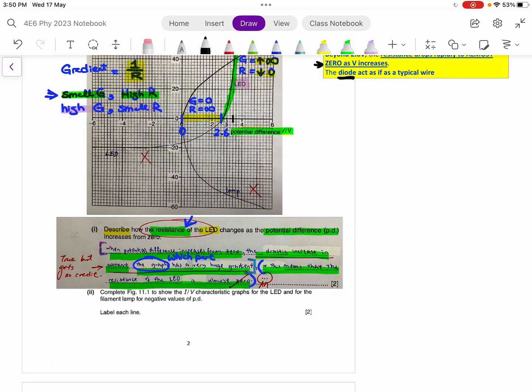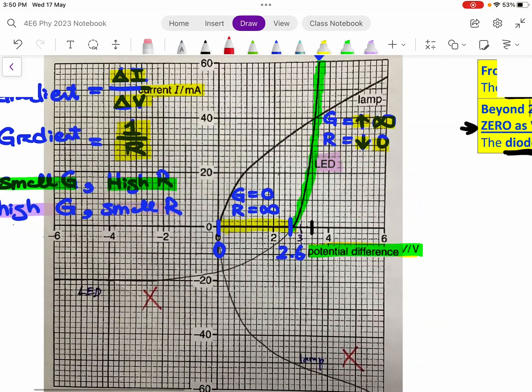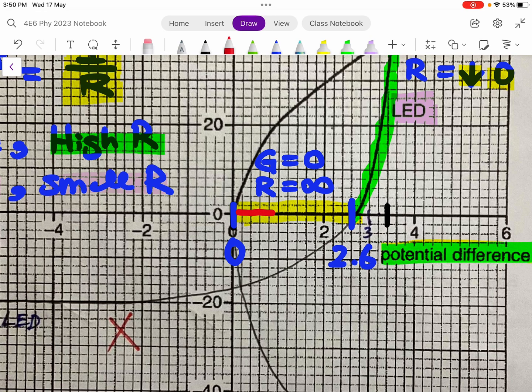Okay, then finally, you are asked to continue sketching the graph for the negative part of the values. They are actually testing your knowledge of the property of this component. So from here, you know that if this is a diode, it means that if down here it is behaving like an open circuit below the activation voltage, what is the activation voltage?